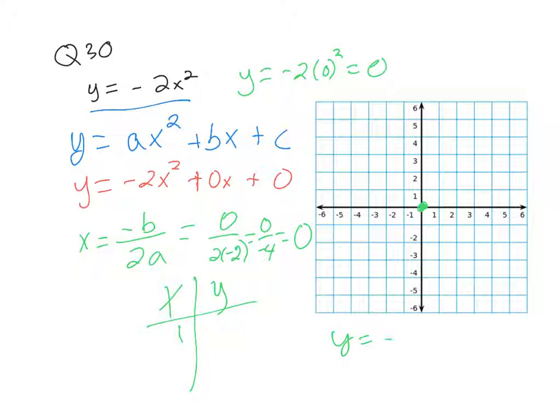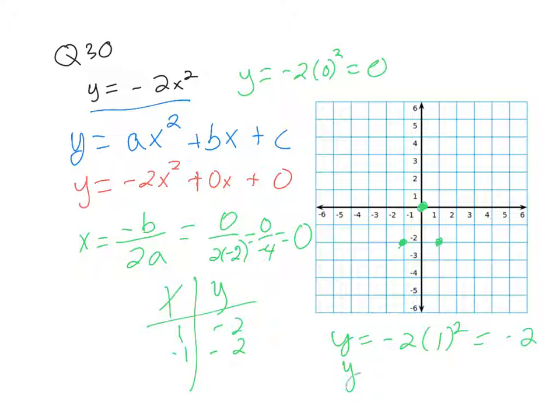So down here, 1 squared is 1 times negative 2, which gives you negative 2. You're going to get that same answer when you plug in negative 1 because that square will just turn it to a positive. So we're going to have the points at 1, negative 2, and negative 1, negative 2.